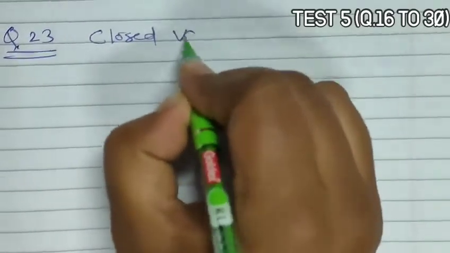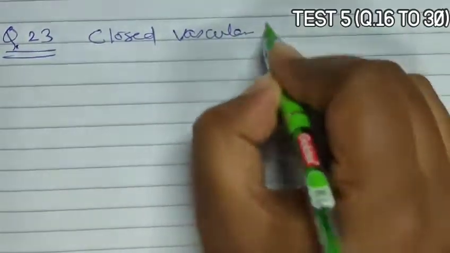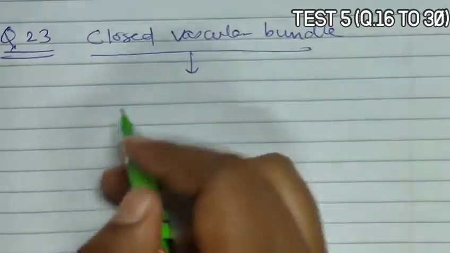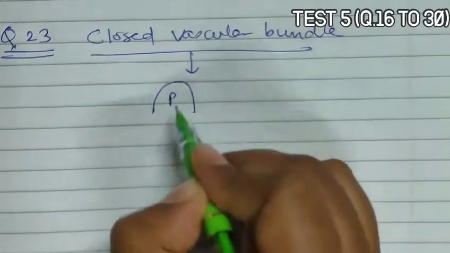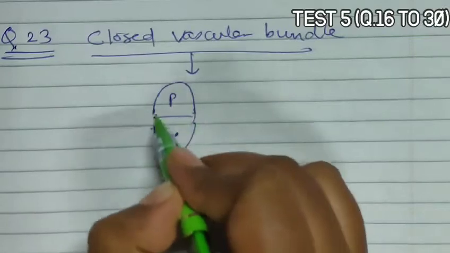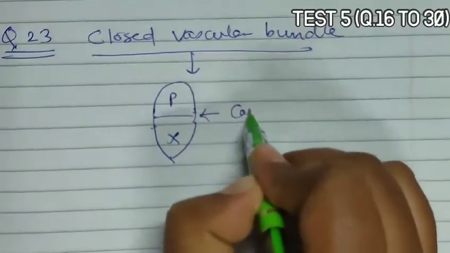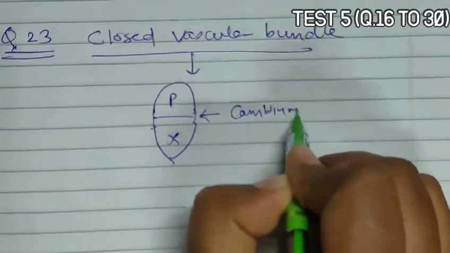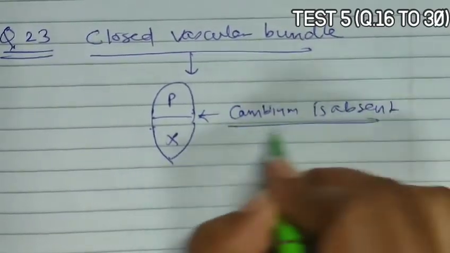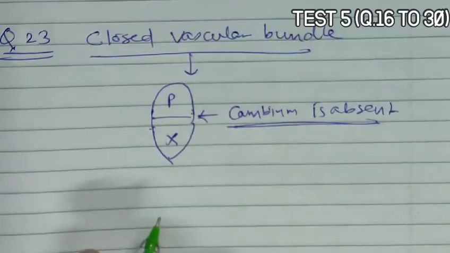Question 23. Question 23 asks what do you mean by closed vascular bundle? Closed vascular bundle means that between the phloem and xylem cambium is absent.